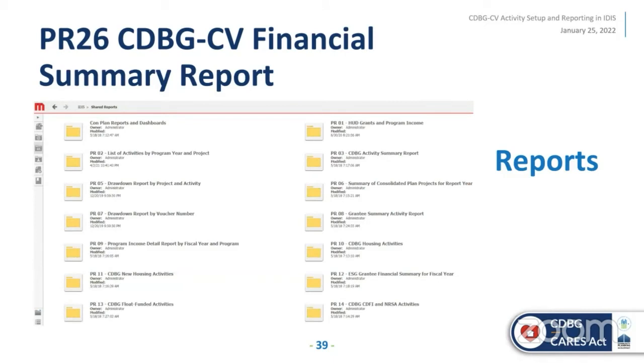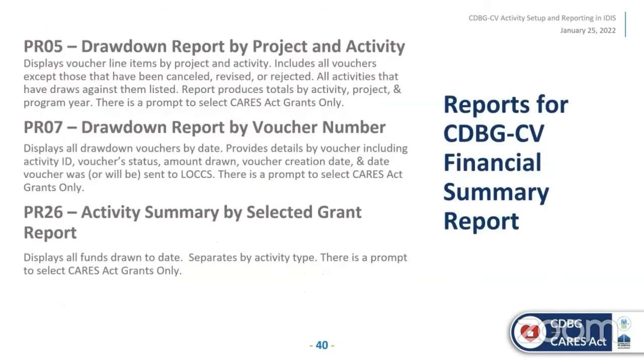This is the screenshot of the reports. When you go into IDIS reports and you click open up your Microstrategy reports, this is what it looks like. And here we've listed some reports that can be helpful in reconciling everything for your PR26 report. These are actually helpful for the regular PR26 as well.